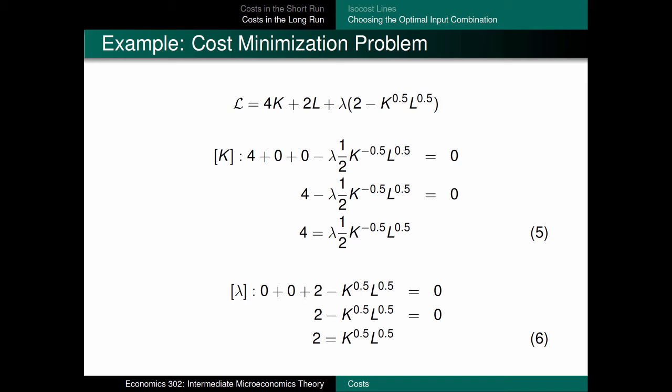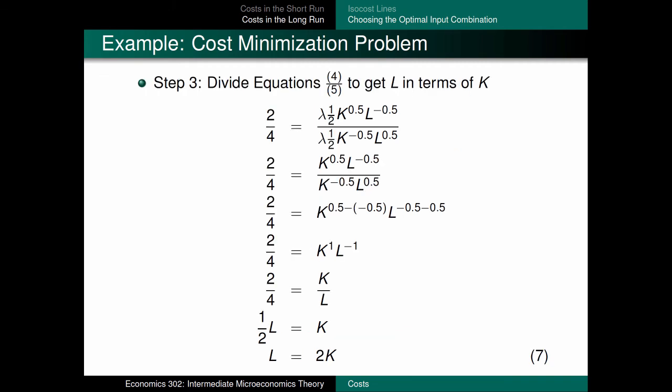We'll set all of that equal to 0 and simplify to get 2 minus K^(1/2) L^(1/2) equals 0. Isolating 2, we get that 2 equals K^(1/2) L^(1/2), which is simply our production function set equal to our target quantity amount, which is equal to 2.